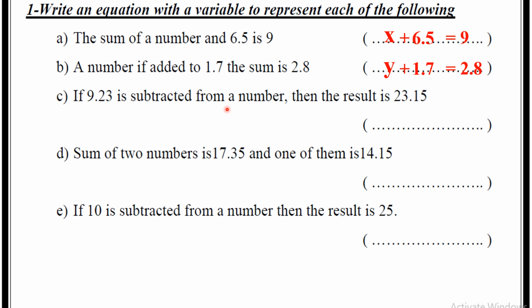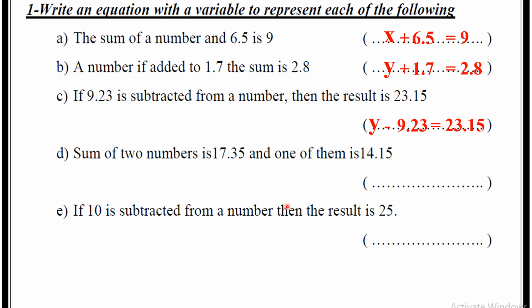And now let's write the equation. A number, we will write it first, which is the variable y, because it's after from. And now subtract means minus 9.23. The result means equal 23 and 15 hundredths. So y minus 9.23 hundredths equals 23.15 hundredths.